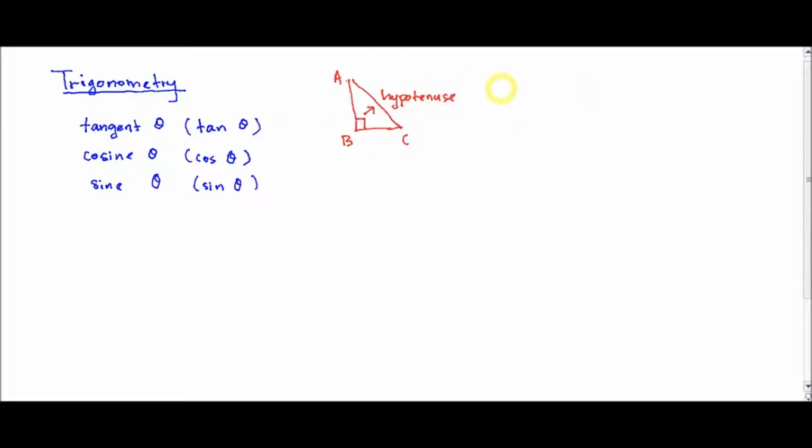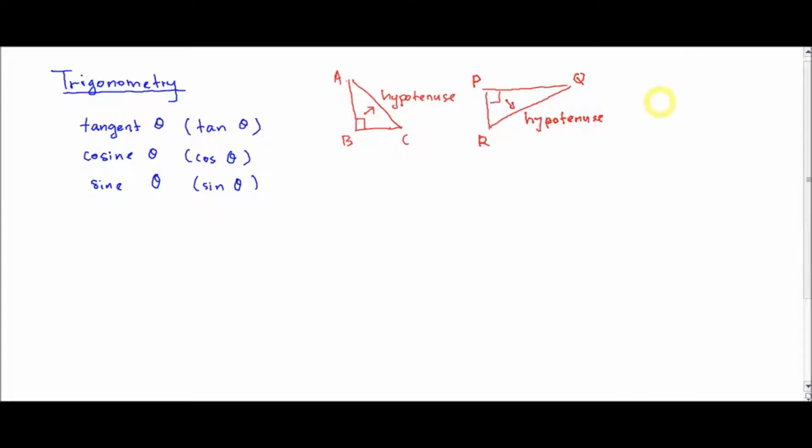Now I change the position of the right angle triangle. Like this, here will be the right angle. Same thing. It's P, Q, R. So QR, this side, is the longest side of the right angle triangle, and it is opposite the right angle, right? So here will be the hypotenuse.